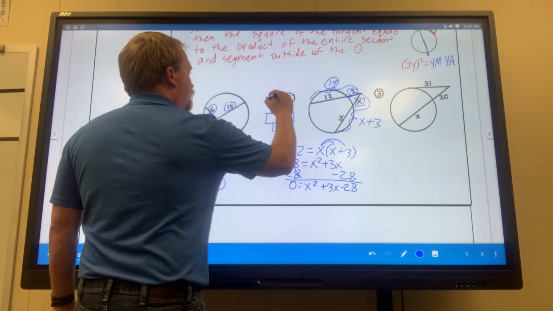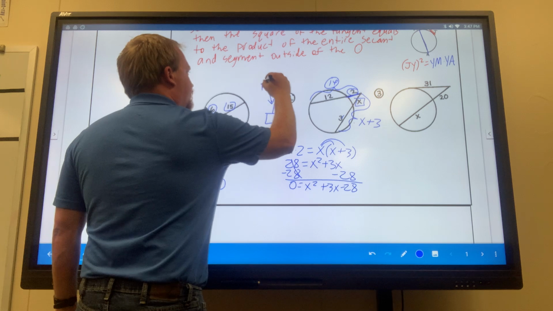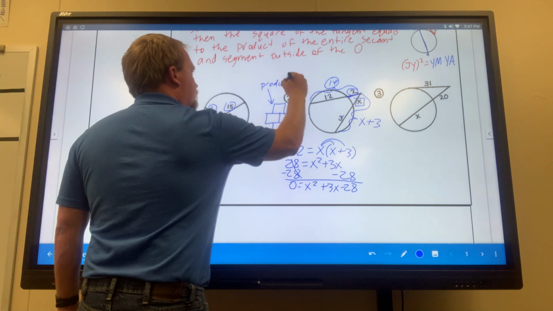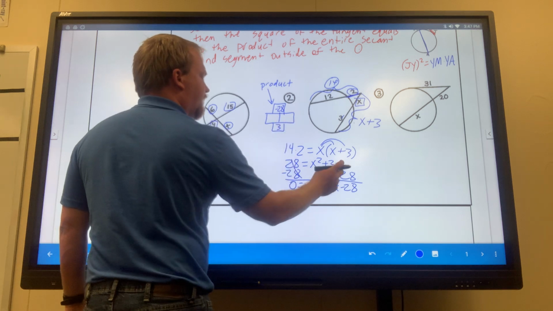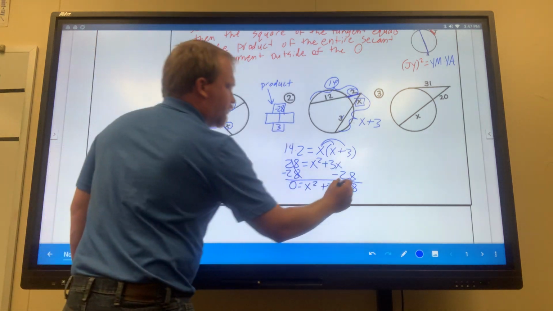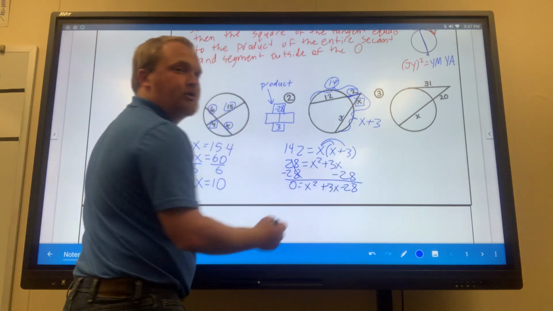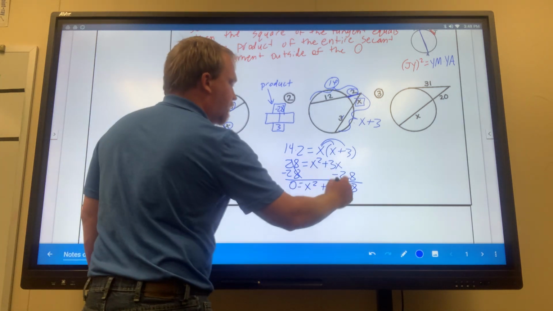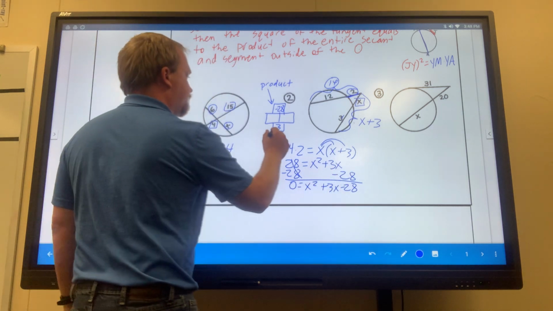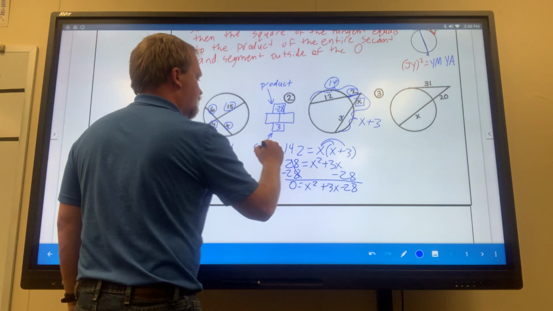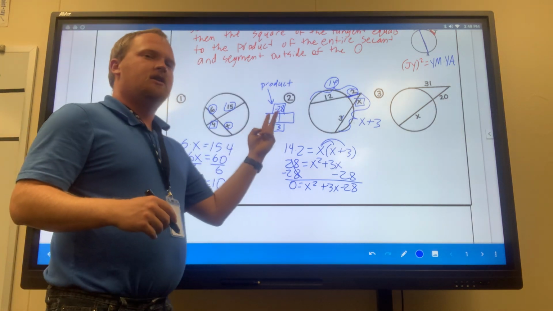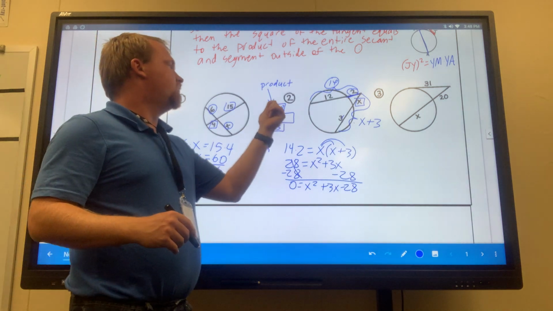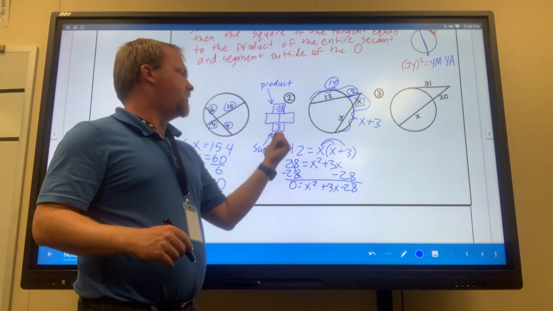The product is on top, negative 28, and the sum goes on the bottom, which is the 3. The last number is always the product, and the number in front of x is always the sum. Now, we've got to think of two numbers that give us the product of negative 28 but the sum of 3.